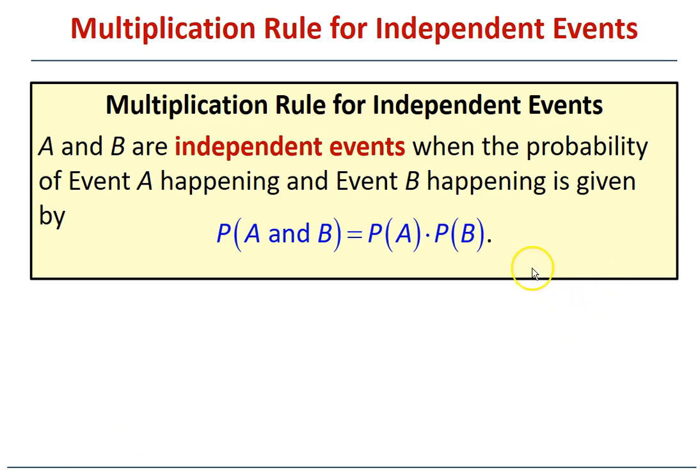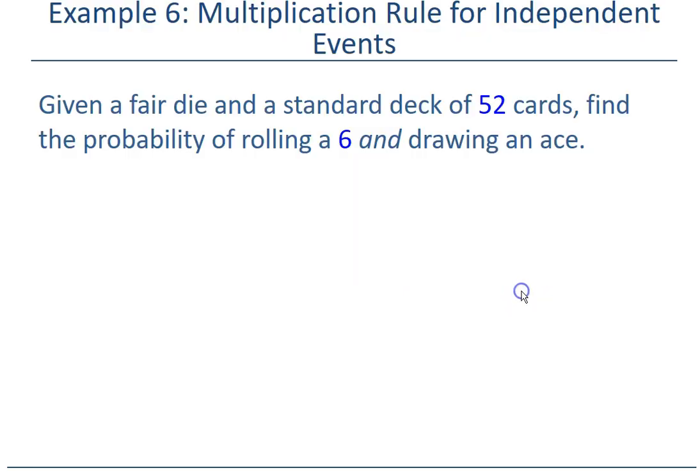That is, you're going to multiply the probability of event A happening times the probability of event B happening. So this is the rule, the multiplication rule for independent events. You want to put that in your notes. All right, let's take a look at one in practice here.